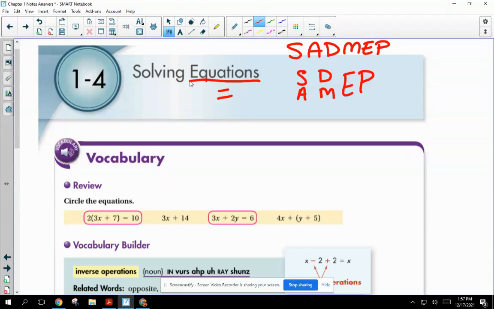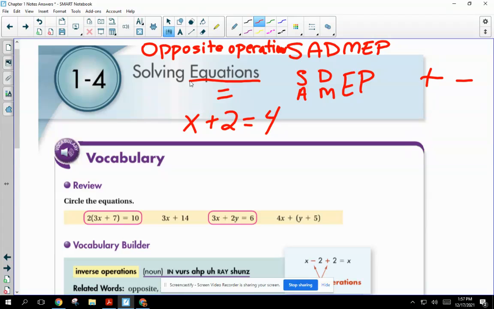Equations usually look something as simple as x plus 2 equals 4. And when I say do the opposite operation, this is what I mean. Let's discuss opposite operations, which we discussed in 1.2. Plus is the opposite of subtraction.